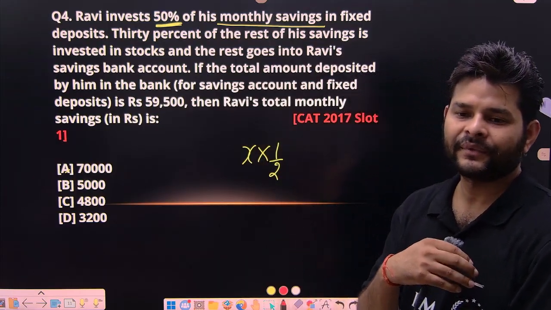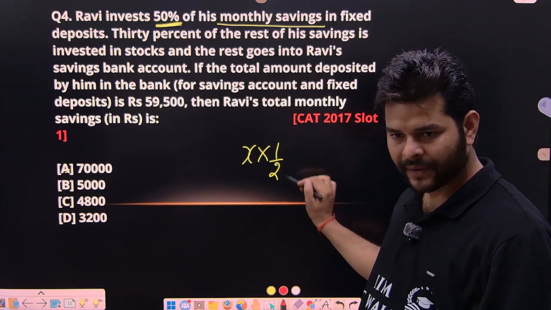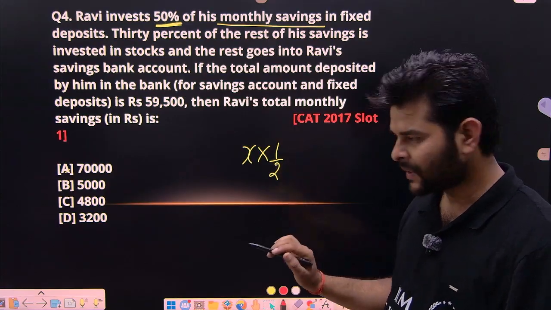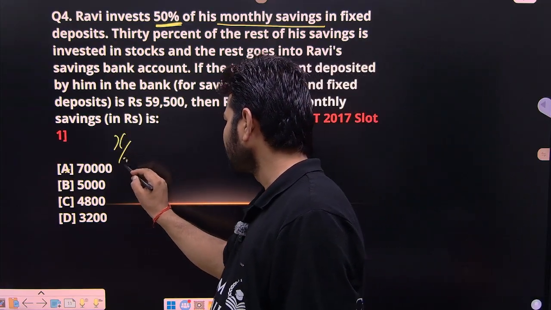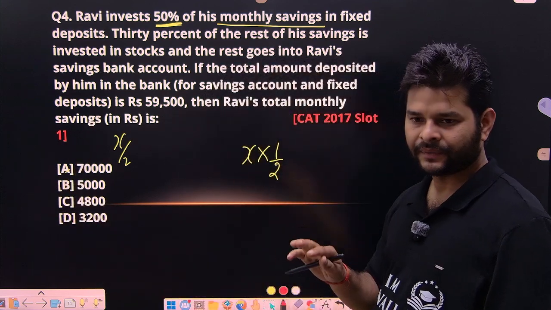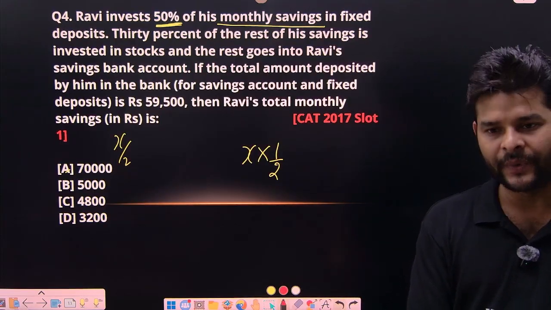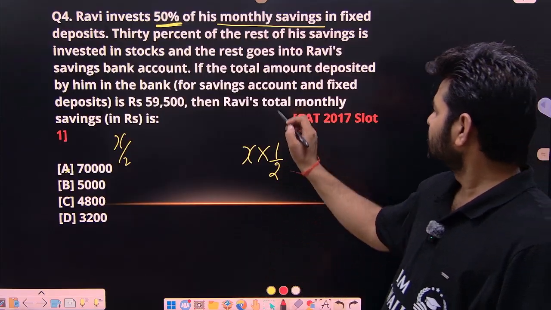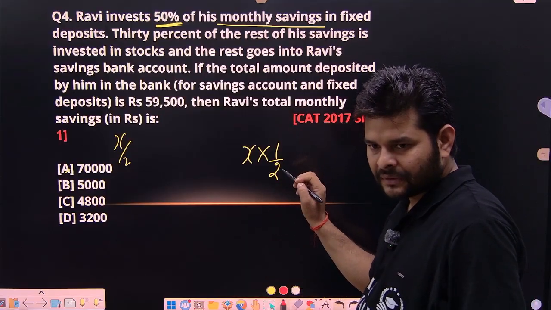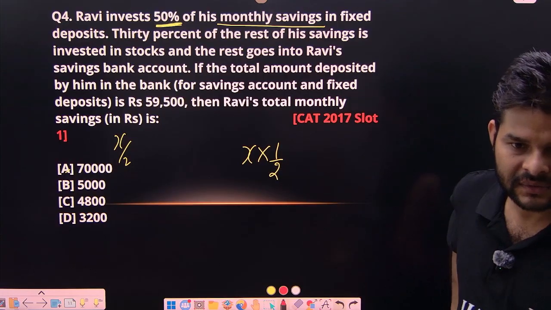Now what do I have? 50%. That means the same value I have. So X by 2 I have already invested in FD, and this is the value that I have again. This is the rest value that I have. What am I going to do with that money? 30% of the remaining I invest in stocks.